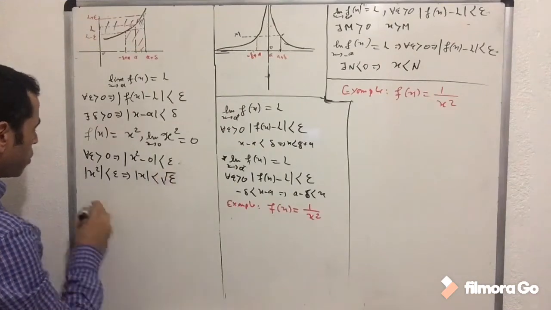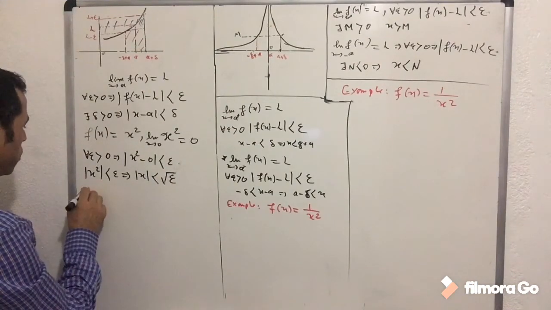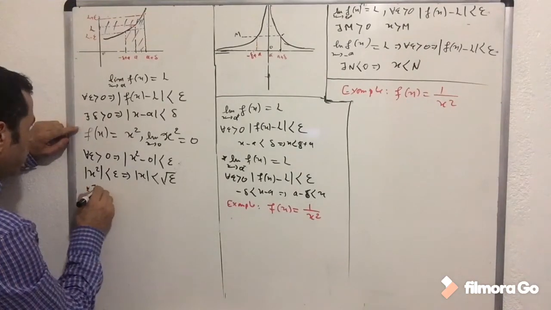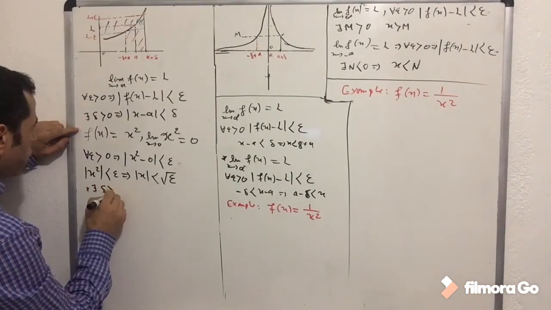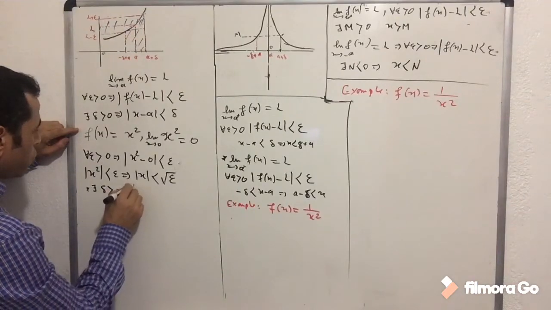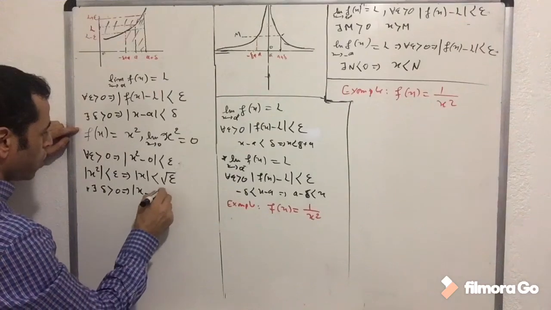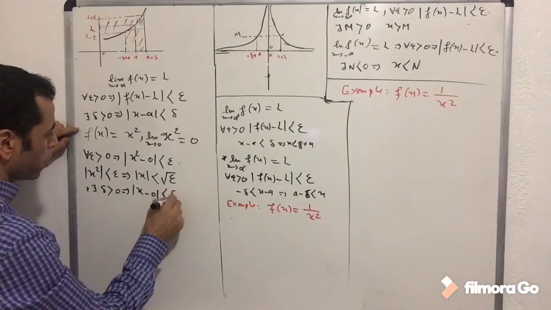All right, let's go to the second inequality as a part of the definition, which is there exists delta strictly superior than 0, so absolute value of x minus A, which is 0, is strictly inferior than delta.